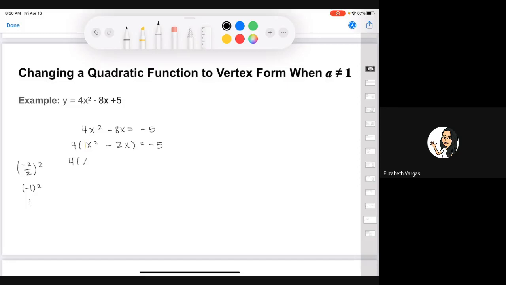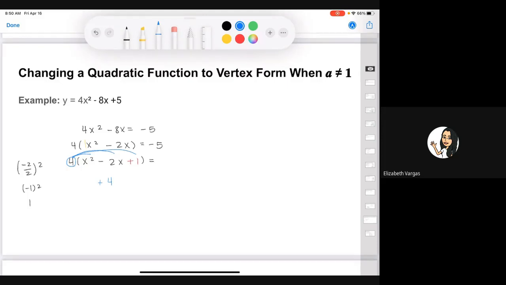So add 1. And if you really think about it in retrospect, I'm not just adding 1. When I actually go back and distribute this out, I'm actually adding 4, because 4 times 1 is 4. So in reality, I'm adding plus 4 because I took out that 4.